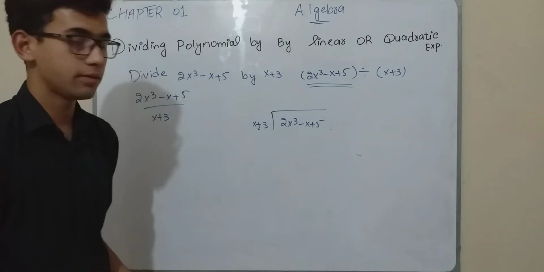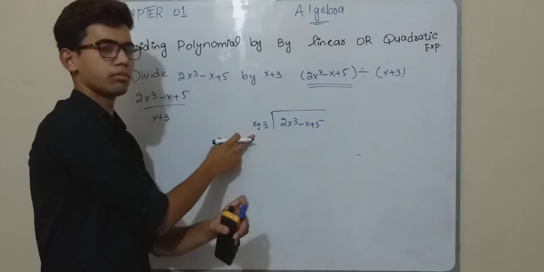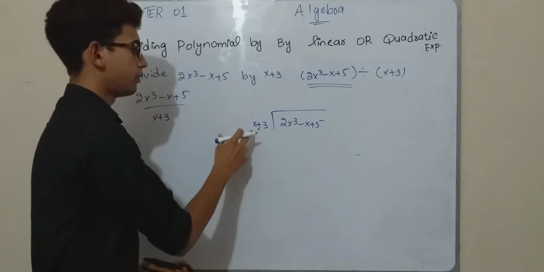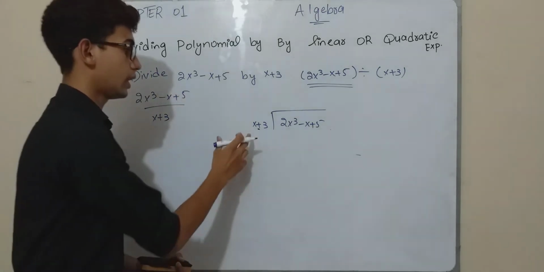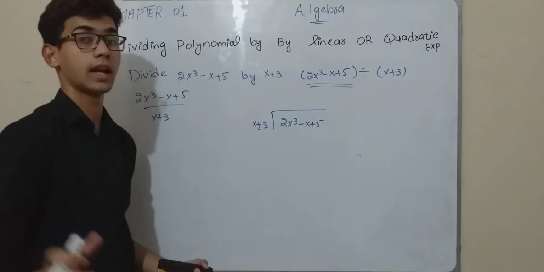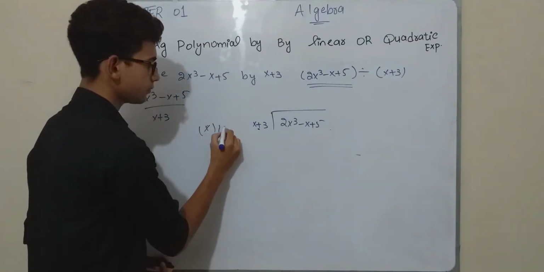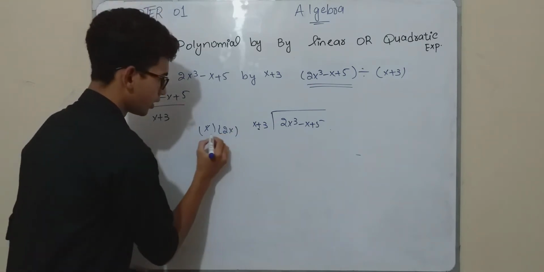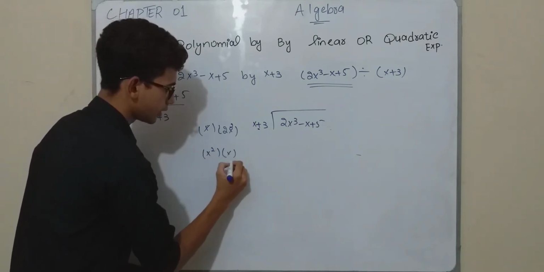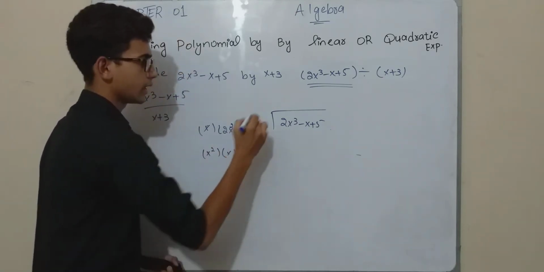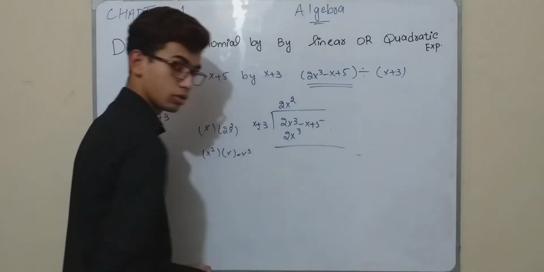Your first objective is to multiply a certain number with this variable, so that it could be equal to this and they can cancel each other. Now if I multiply this x with 2x square, we know that x square multiplied by x is equal to x cube, hence this makes 2x cube.